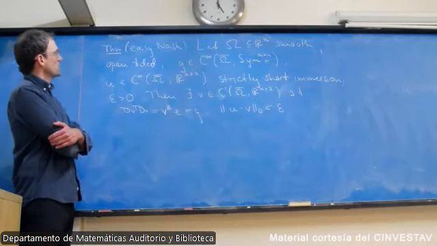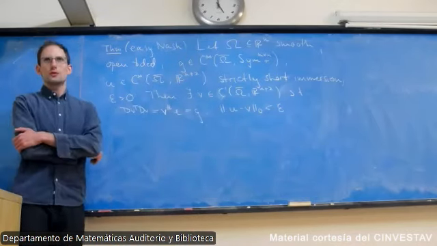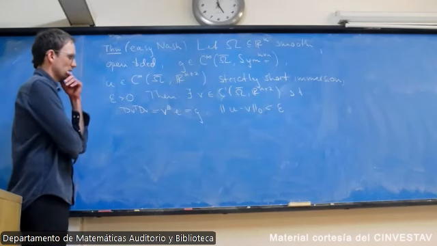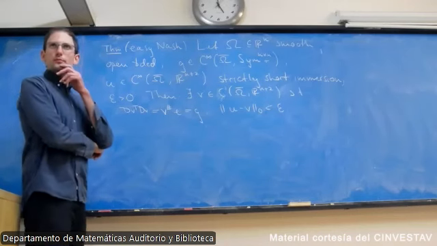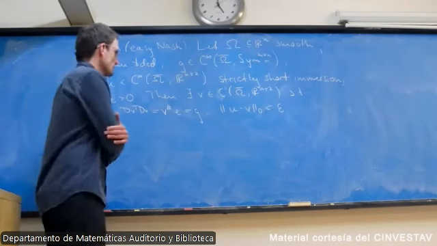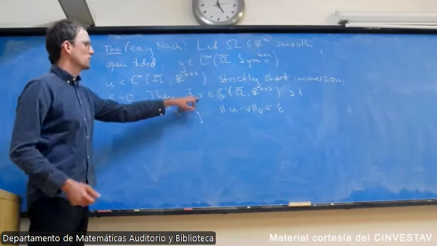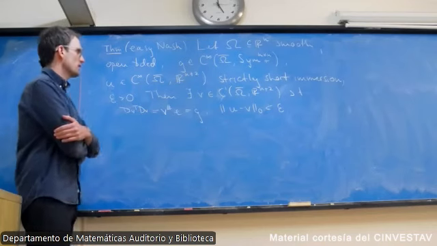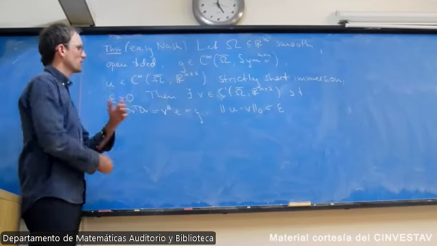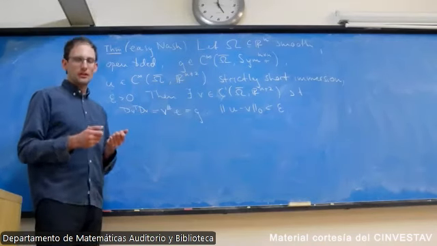And I explained to you guys yesterday the general philosophy of Nash. So the general philosophy is I have a map which is short. I want to stretch it out, make it isometric. And Nash realized that the right way to do this is stretching it out iteratively.